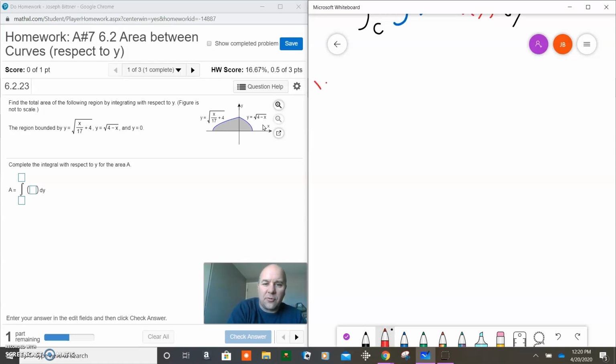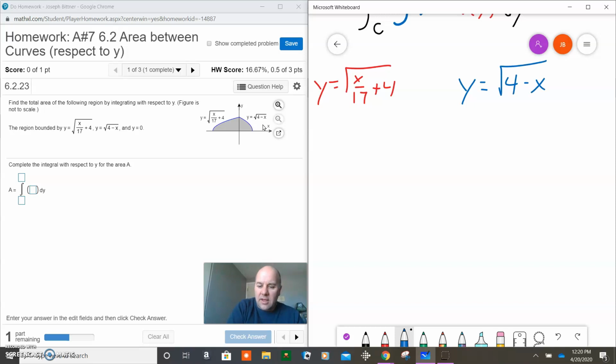I'm going to take the first one, y equals the square root of x divided by 17 plus 4, and the other equation, y equals the square root of 4 minus x, and solve for x. I want the equation to read x equals. To get rid of the square root, I have to square both sides. To get rid of the plus 4, I have to subtract 4.